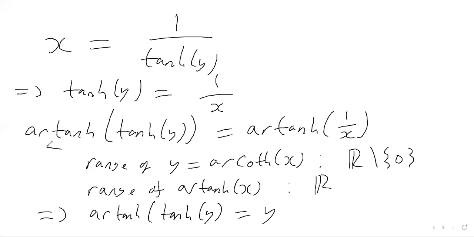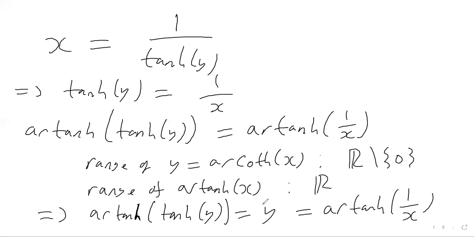We don't need to worry about keeping this all there. We can just cancel out the two functions, since the domain of tanh contains everything that y could be, essentially. So we know the left-hand side there is just y, and the right-hand side is artanh of 1 over x.